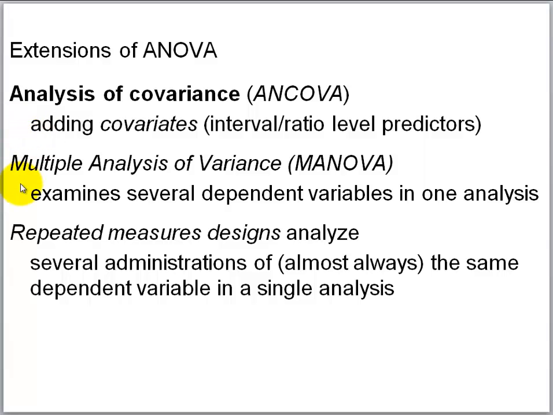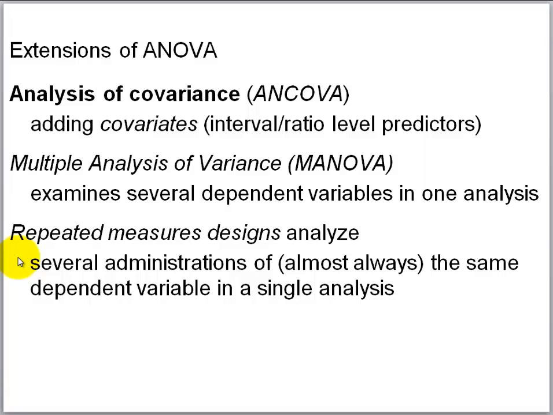In all of the procedures that we've run in this text, we've had only one dependent variable. There is something called multiple analysis of variance that has the capability of assessing several dependent variables in a single analysis. I will mention also repeated measures designs.